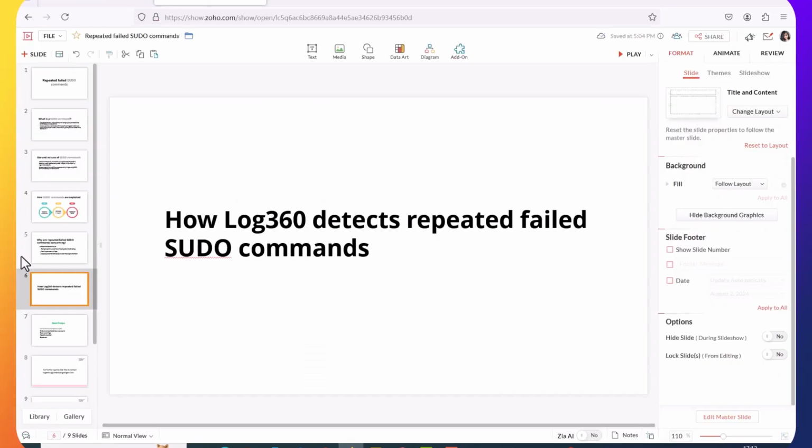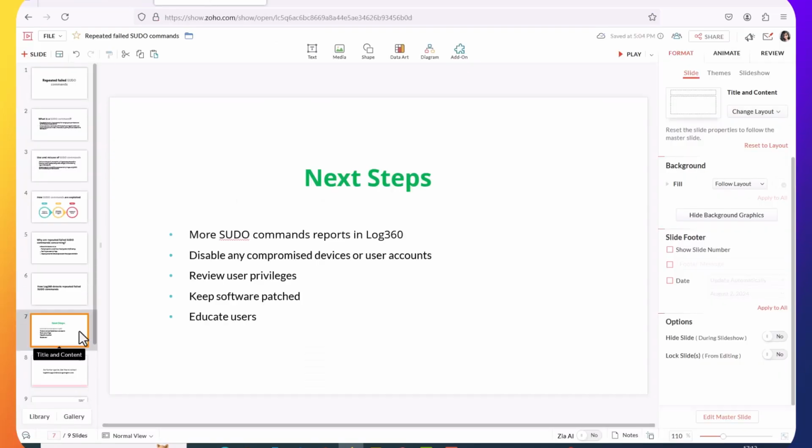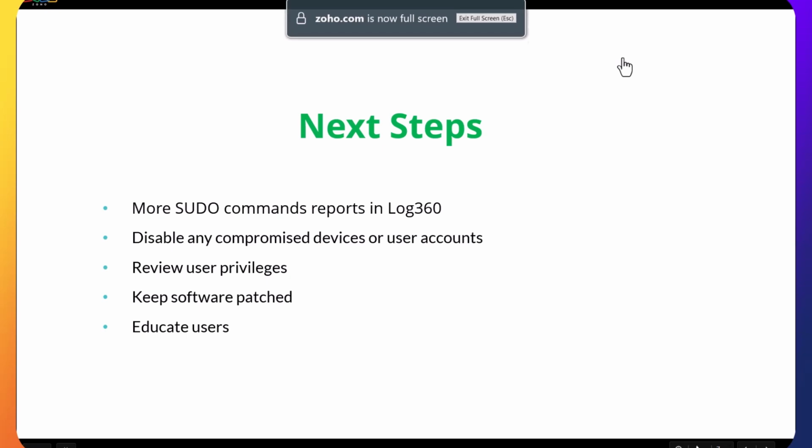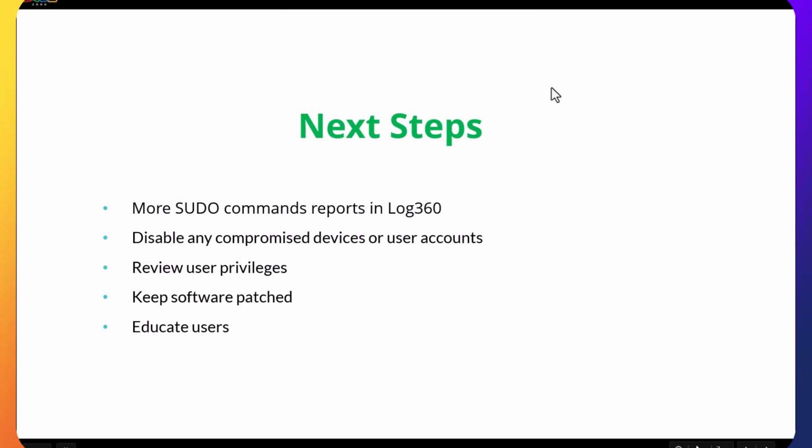Now here are some next steps to take if you notice a sequence of failed sudo commands. By using Log360's predefined reports, you can proactively look for all sudo command executions, including commands that were successfully executed. This data can be helpful to investigate and verify if these executions were legitimate or if the attacker finally managed to escalate their privileges.